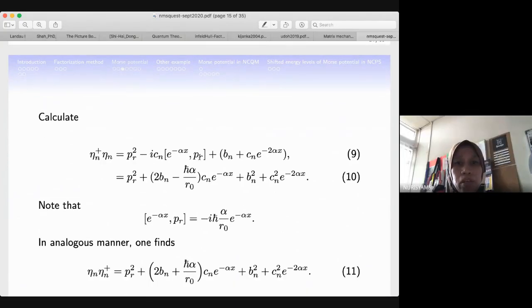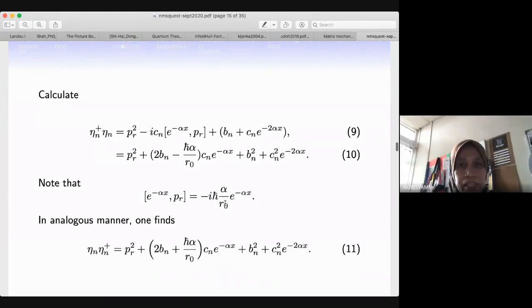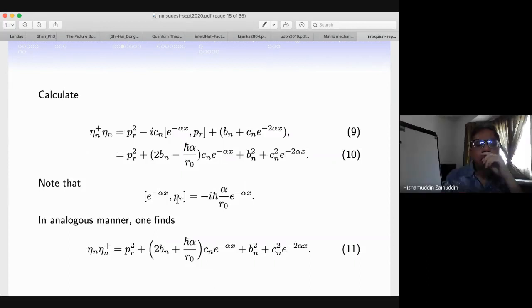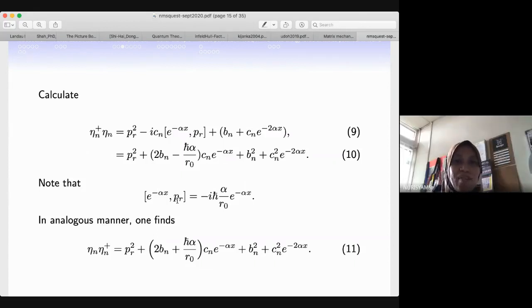Look here, your P_r is in terms of that, but your x is in terms of r minus r_e over r_e. Forgive me again, it's a typo there. It's not a good way here because one is x and one is r. I think you know what happens.